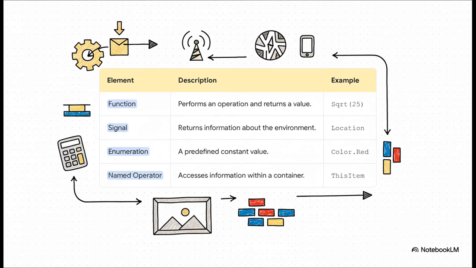Then you have signals, which are super cool. They listen to the environment, giving you info like the phone's location. Enumerations are just your preset constant values, like color.red. Easy enough. And finally, named operators, like the famous ThisItem, let you point to a specific piece of data in a gallery or a list. And believe it or not, with just these 4 types of bricks, you can build just about anything.